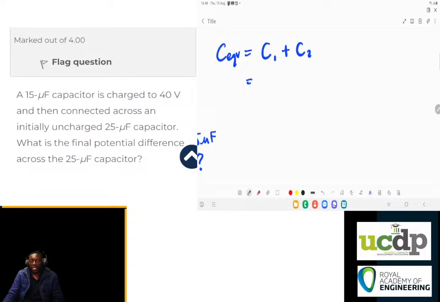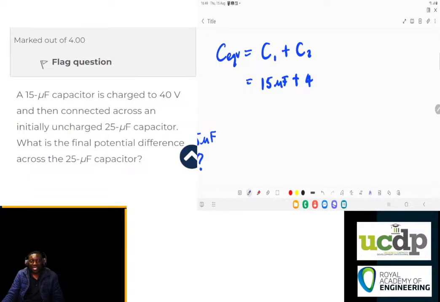And that gave you 40. Is that so? Oh wait, I just realized I made a mistake at the beginning. I added the capacitance as 1/C1 plus 1/C2. So my answer is already wrong.